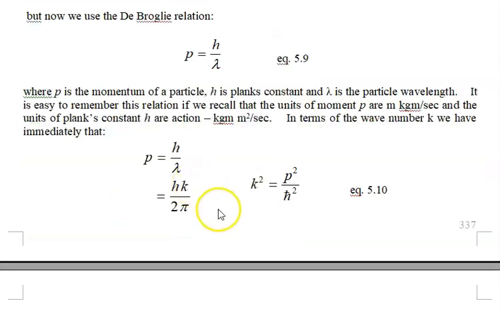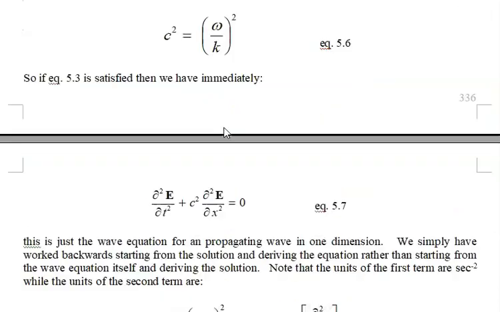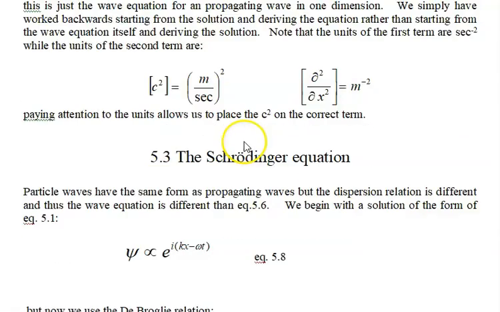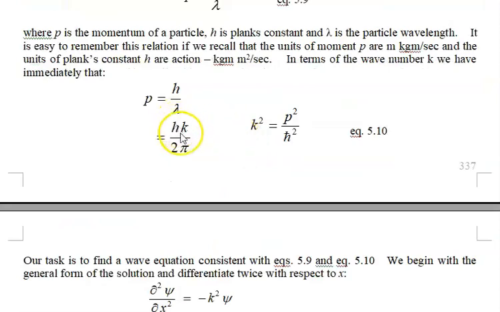Okay, so lambda back here, we substitute 2 pi over k instead of lambda, and we get that k squared equals p squared over h bar squared. And that's the equation which we're going to use.